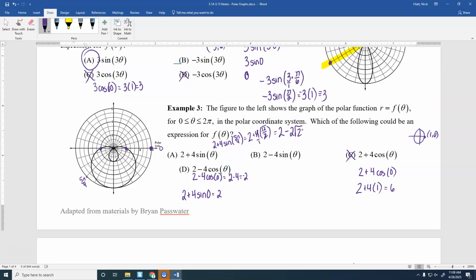So this is 2 minus 2 times something bigger than 1, so this part right here is bigger than your 2. That means you're going to get a negative value here. So at 5 pi over 4, if I've got a negative value, that means I should go away from here and be somewhere over here, right? So it's not going to be A.